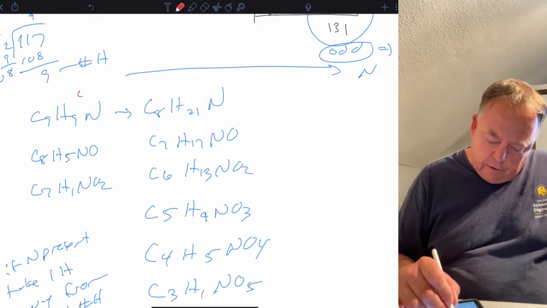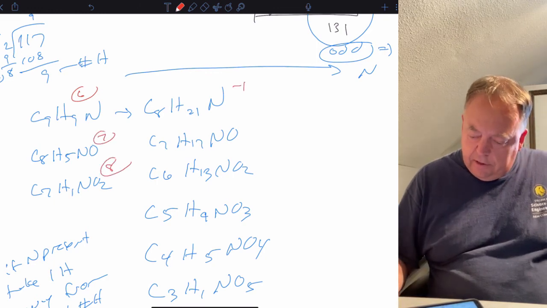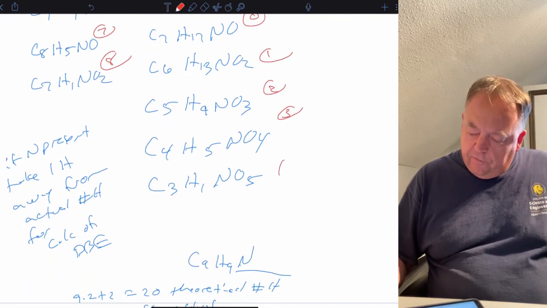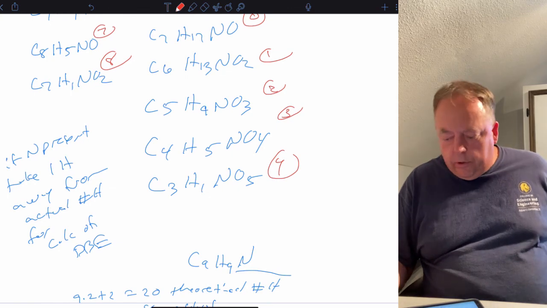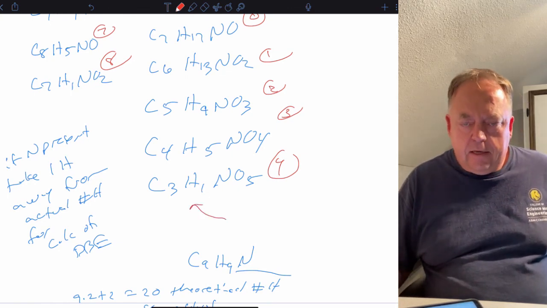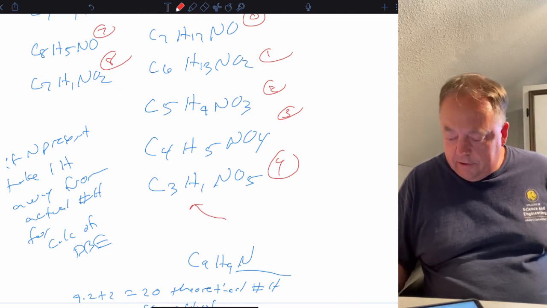So if we did everything right, that should have 6, so this 7, that should have 8, so this would be -1, 0, 1, 2, 3, and 4. So another way to check yourself is take the very last formula, calculate in each column the double bond equivalencies, and you better get 4 in this example.